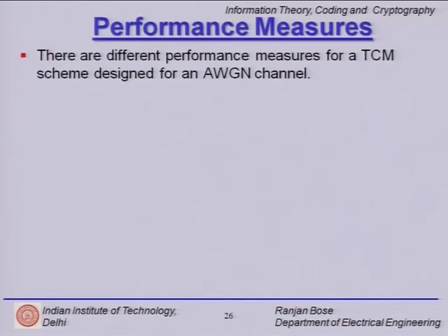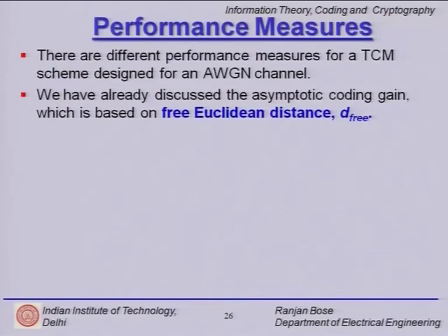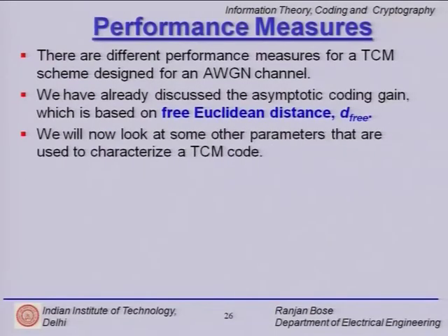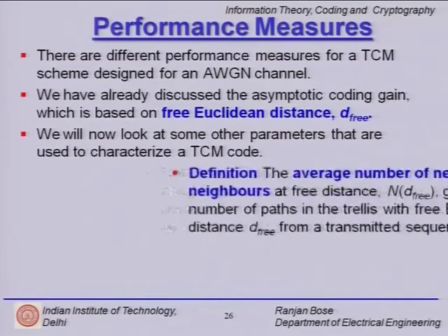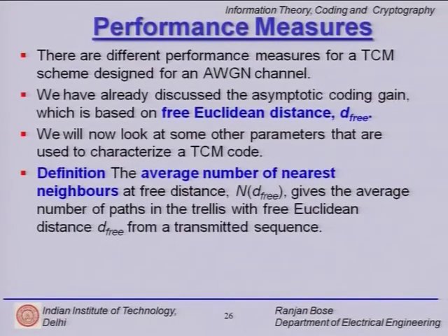In the next few slides we will develop a mathematical tool. It will be slightly involved, but what we will do is try to get the message across in terms of what we are trying to do. So, we are now going to work with this free Euclidean distance. Now, we define the average number of nearest neighbors, N as a function of d free, which gives the average number of paths in the trellis with the free Euclidean distance d free.